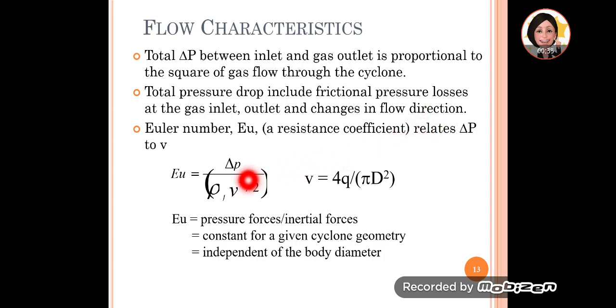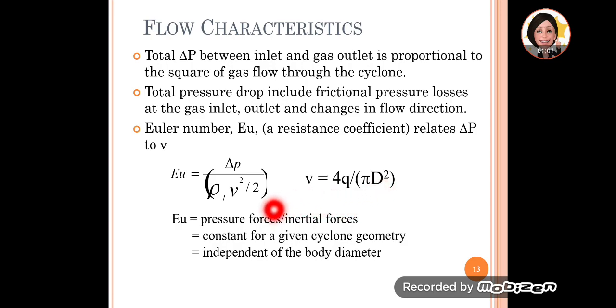And this gas velocity is governed by this equation. So this is the flow rate equation, where Q is the gas flow rate and D is the inside cyclone diameter. Okay, because the cyclone will have an inside diameter and an outside diameter, and this one is the inside diameter.